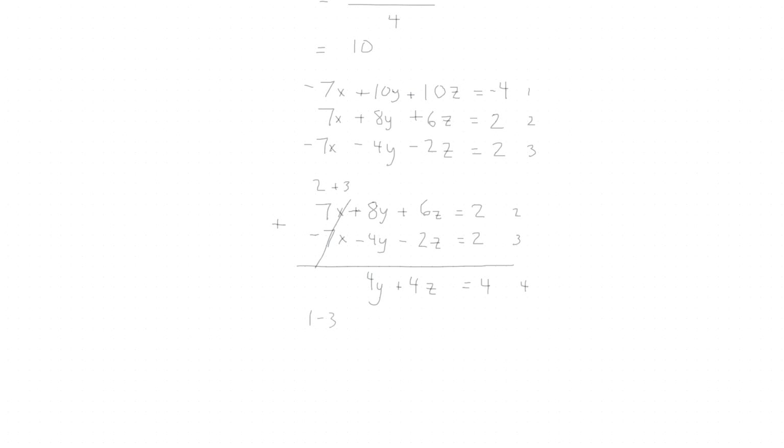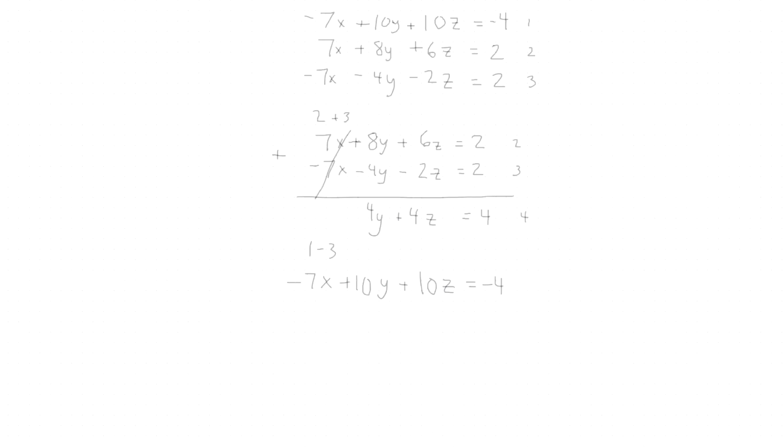Let's rewrite equation 1: -7x plus 10y plus 10z equals -4. And equation 3 is -7x minus 4y minus 2z equals 2. Okay, so we're going to subtract these. 1 minus 3: -7 minus -7 cancels out. What's 10 minus -4?